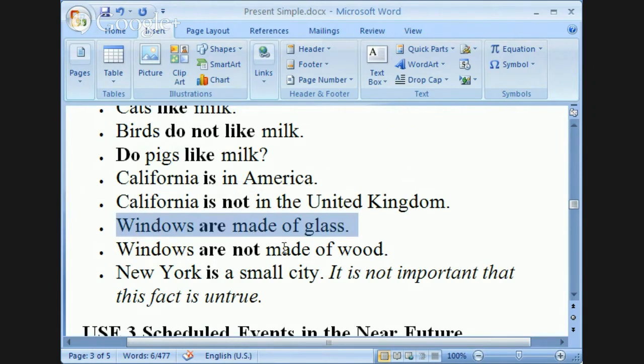Windows are made of glass. Well, yes, they are. Windows aren't made of wood. All right, well, pretty basic facts here. New York is a small city. Oh, sure, right. Okay. This would mean that the speaker's kind of a nitwit, a knucklehead, and they don't understand that New York is rather large.